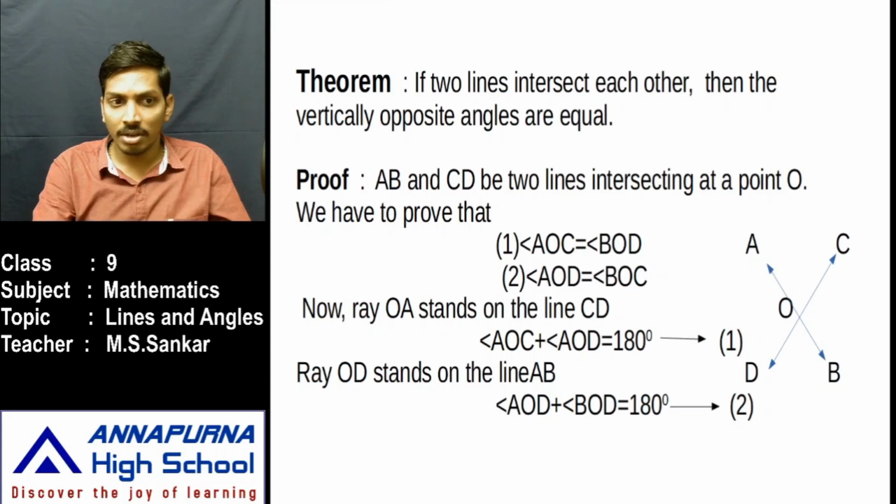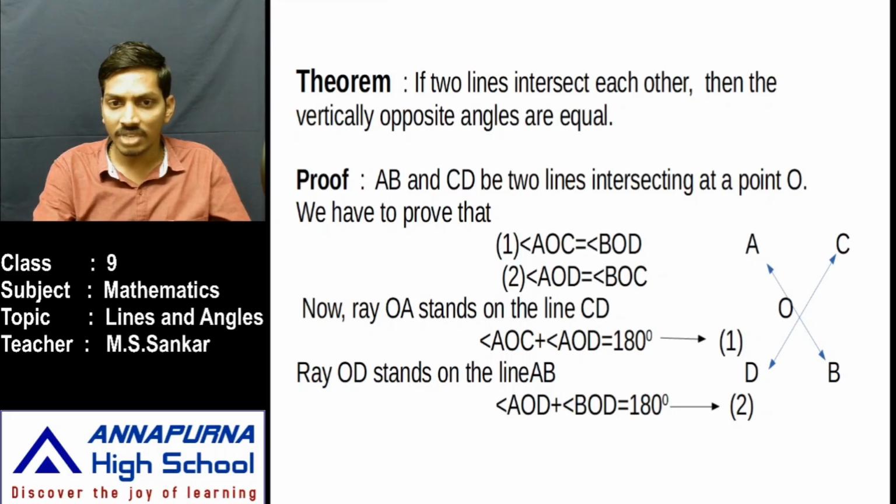See the figure. Now the ray OA stands on the line CD. Angle AOC plus angle AOD is equal to 180 degrees. This is a linear pair of angles, angle AOC and angle AOD, so the sum of the two angles is 180 degrees. This is equation 1.